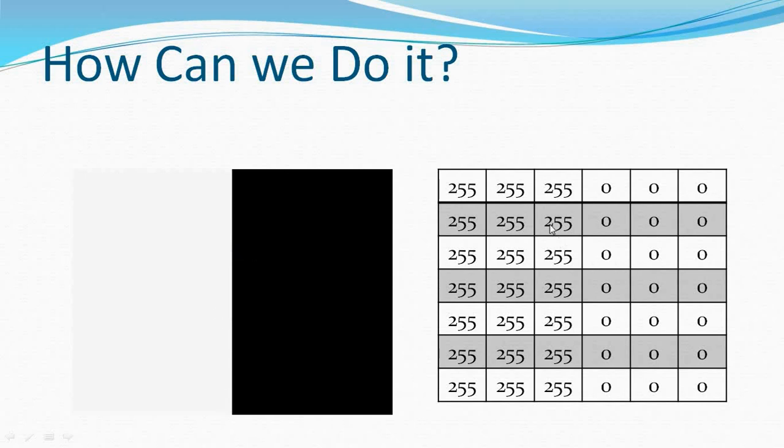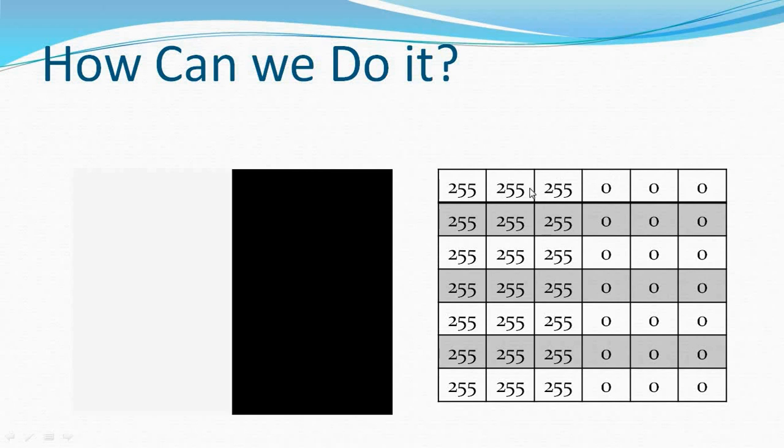If we have some algorithm that can find the difference of the neighboring pixels, then your job is done. Consider this particular portion of the image, and if I do 255 minus 0, I get 255.